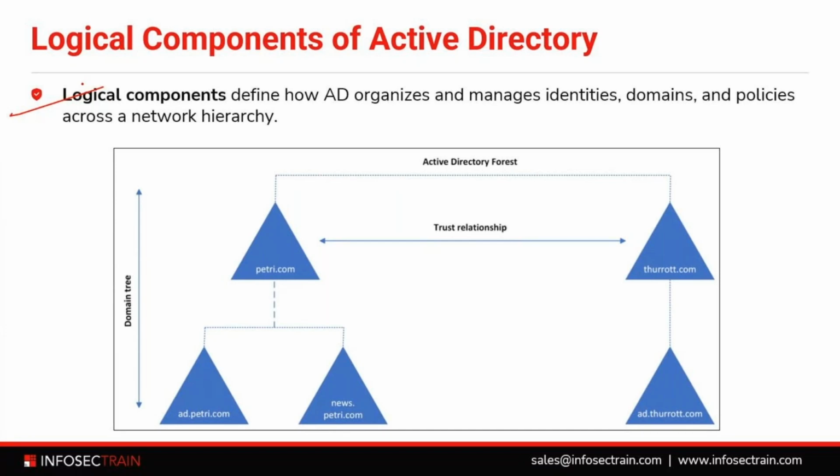Sales is selling the product. Operations is making sure the product is properly working and is properly given to the user, right? So when we design identity infrastructure, we need to match it with the company's hierarchical layout to manage resources and security effectively, right?